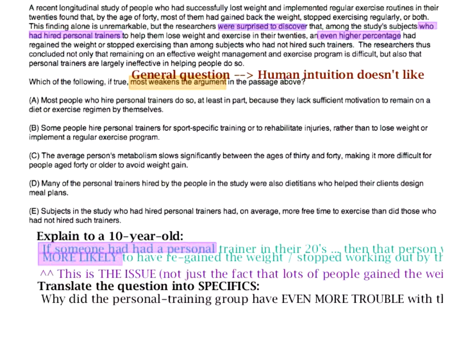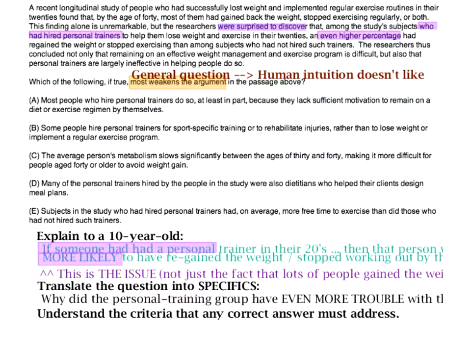But notice the criteria that we need in an answer choice. Once you've translated the question into specifics, what you want to do is understand the criteria that any correct answer choice must address. The first thing is that it has to be something that is outside the scope or boundaries of the current statements.